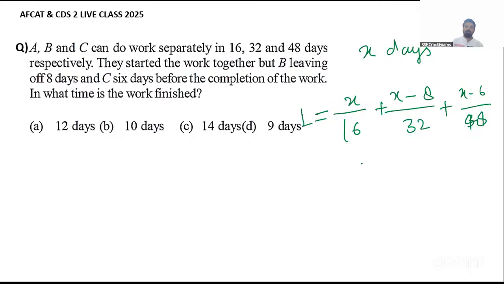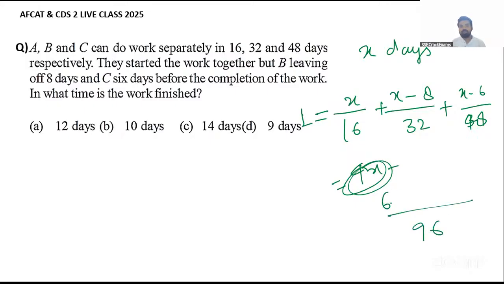Okay, so this whole of the thing is completing one work. Just take the LCM. Take the LCM of 16, 32, and 48. It is how much? 64. No, 96 LCM. Very good. The LCM is 96.